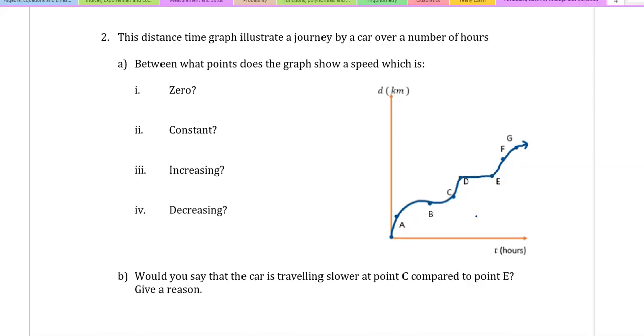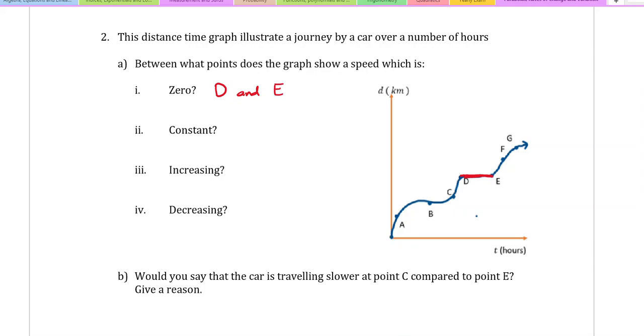In question 2, this distance time graph illustrates a journey by a car over a number of hours. Between what points does the graph show a speed which is 0? If the speed is 0, it means that the gradient is horizontal, it is flat. So if we look closely at our graph, it is flat here between D and E. So the speed is 0 between D and E. Then I want to find where the speed is constant.